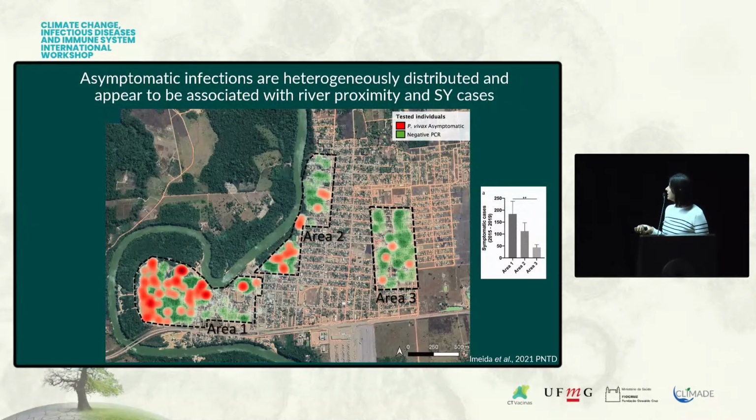So this is Candeias, and what we saw here was that we had 3 different areas. The first 2 were close to the river, and it is shown in red here that we had more asymptomatic infections in these 2 areas, and we also had more symptomatic infections here. In the 3rd area, further from the river, we had fewer asymptomatic infections and fewer symptomatic infections too.